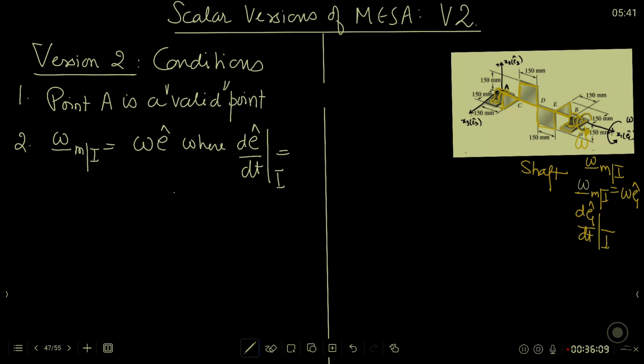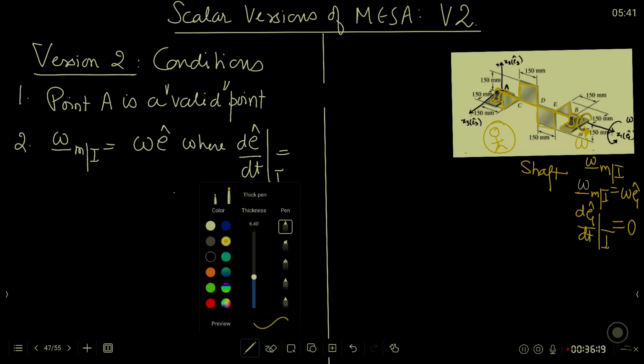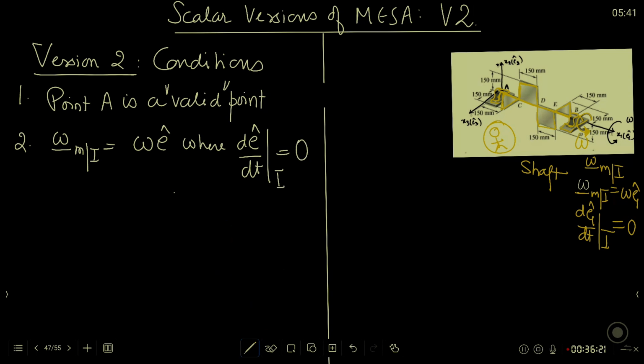The rate of change of that vector with respect to I is 0. We are talking about such a motion of an RB. Omega mi is a scalar times E vector, where that vector E does not change with respect to the ground frame.